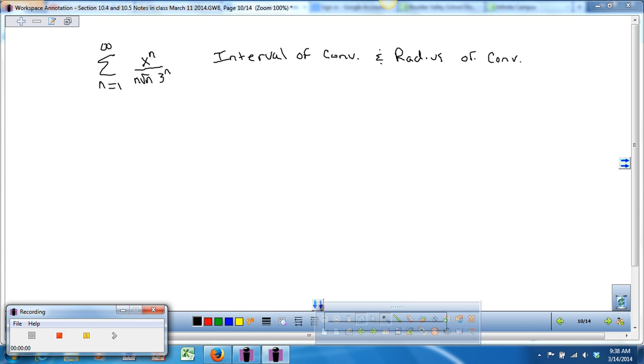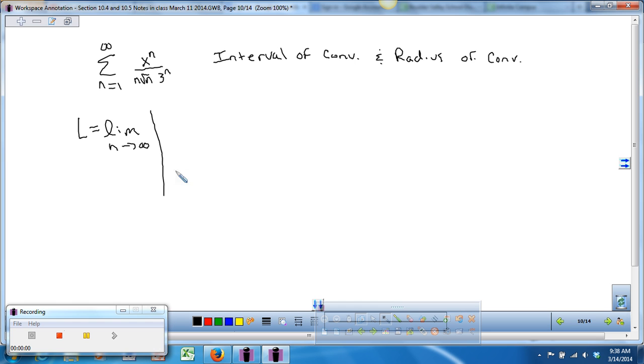All right, and anytime it asks for interval of convergence or radius of convergence, we are using ratio tests. How do I set up ratio tests? Yep, we're going to have L equals the limit as n goes to infinity of the absolute value of x to the n plus 1 over n plus 1 root n plus 1 times 3 to the n plus 1.